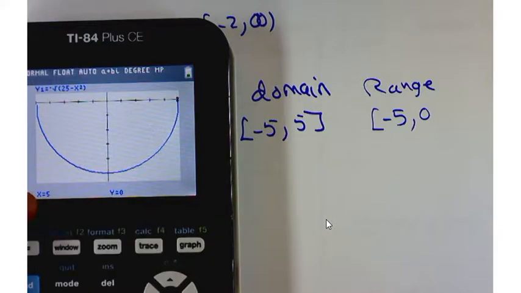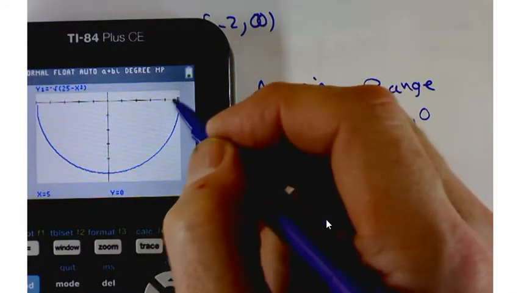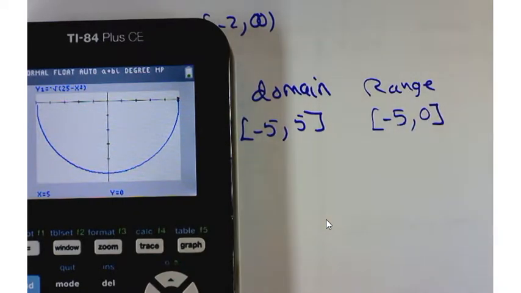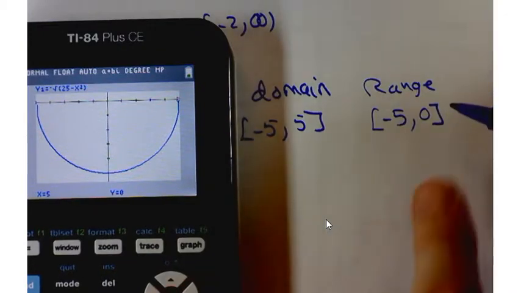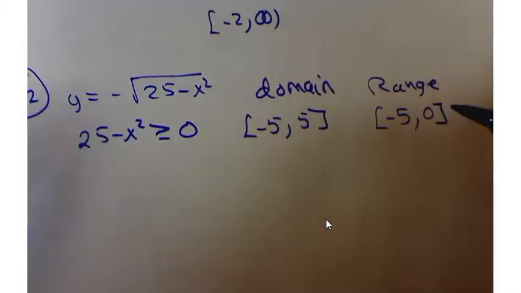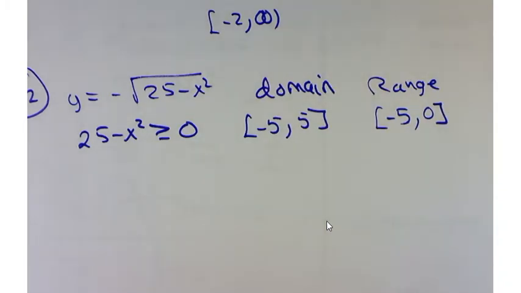So 5 is my x-coordinate. What do I get for the y-coordinate? 0. So it actually does get up to 0, doesn't it? So -5 to 0. There's your x and y coordinates. So it gets up to 0, and that's the top end of your range. Yay.